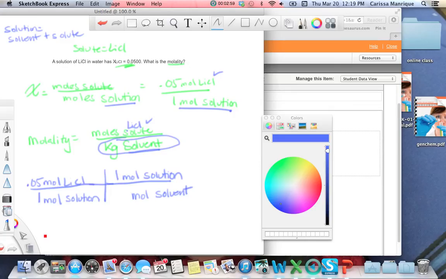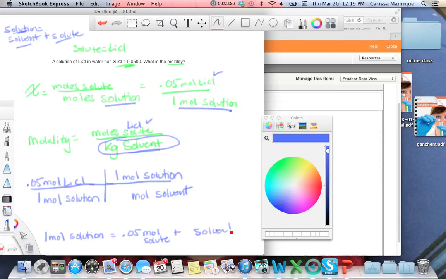We know that there's 1 mole of solution, and we know that we have 0.05 moles of the solute. Remember how I defined it up here: the solution equals solvent plus solute. So I have this much solute, and I don't know how much solvent I have.